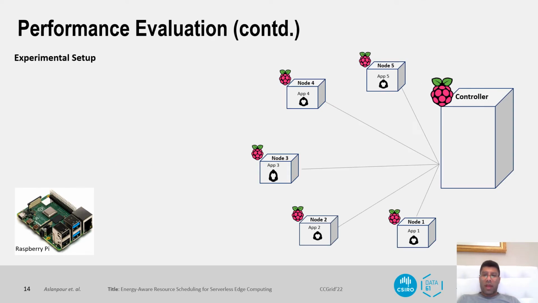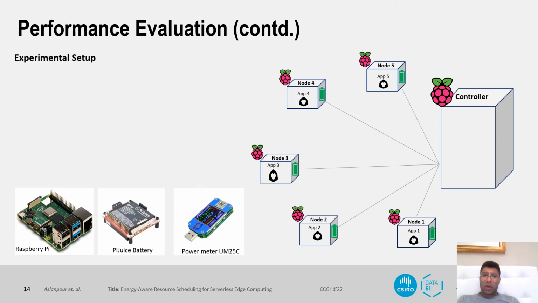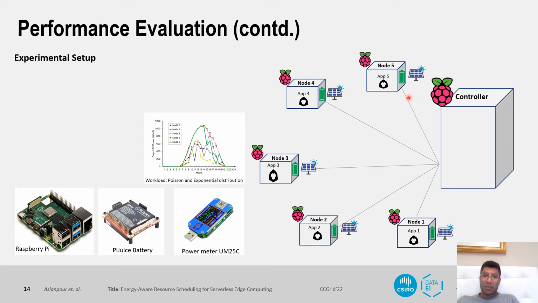First of all, we have this setup where 5 Raspberry Pis make a cluster and a controller is the master node. We power the Raspberry Pis using Pi-Juice batteries, and we measure the power or energy consumption on them using power meters.